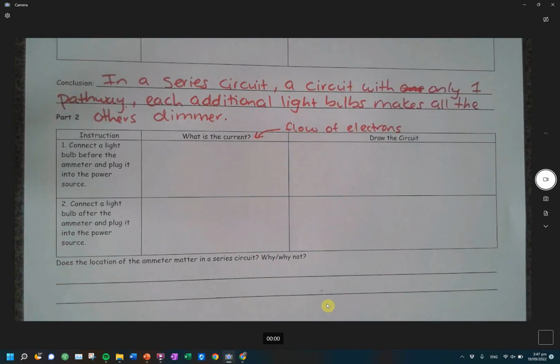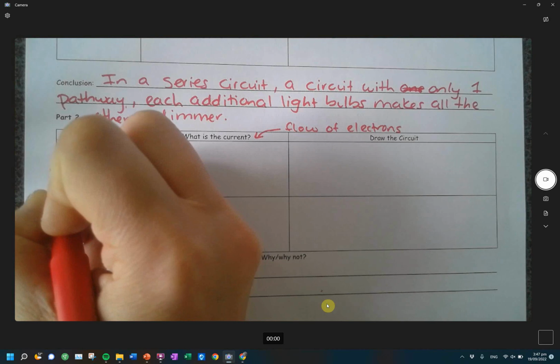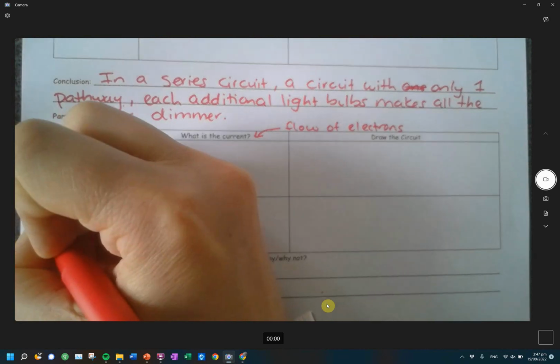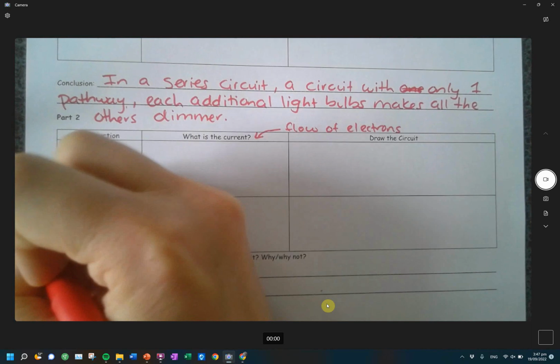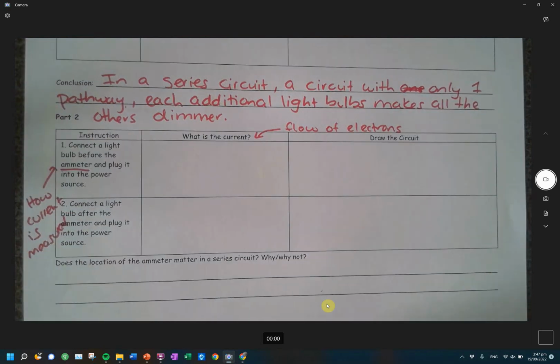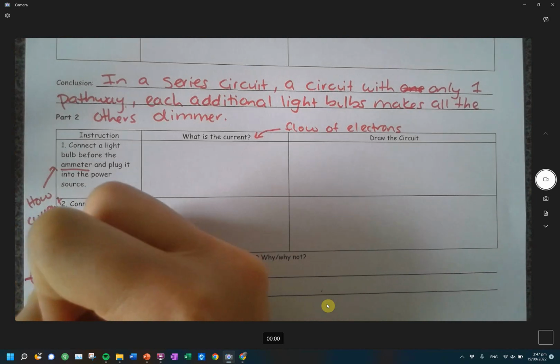So the way we measure current is through an ammeter. So ammeter is how current is measured. And the way we annotate that we have an ammeter is by an A, like that.